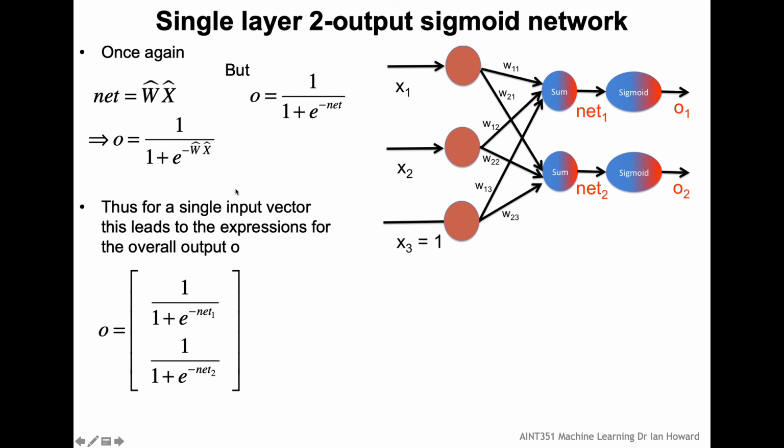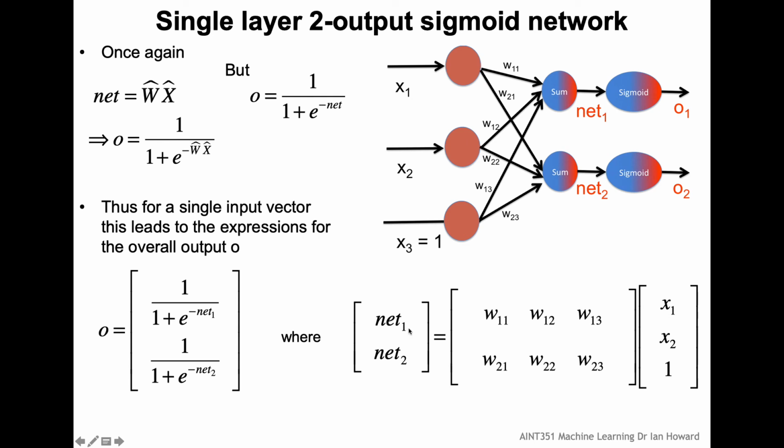So if this is net 1 coming in to the sigmoid for this particular output here, what we do is take the value which was net 1 and put it into this equation. So the first term becomes 1 divided by 1 plus e to the minus net 1, and the second one is 1 divided by 1 plus e to the minus net 2.